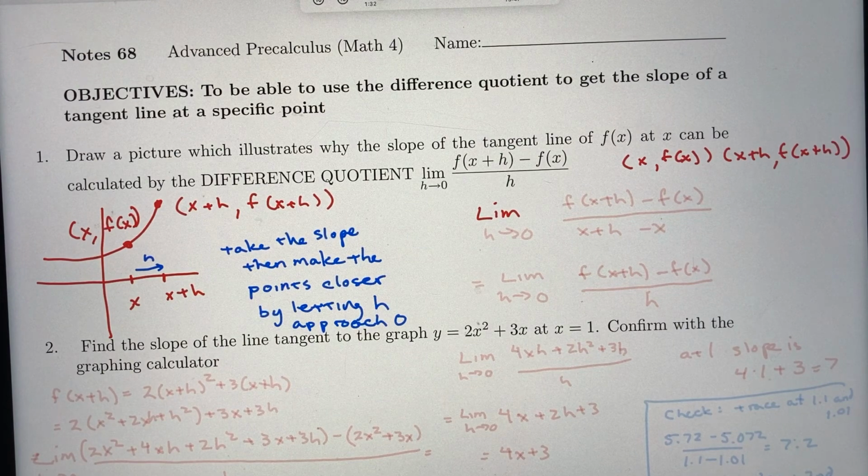So the rise over the run is going to be the difference in the y's over the difference in the x's. And the only thing that cancels is the x's.